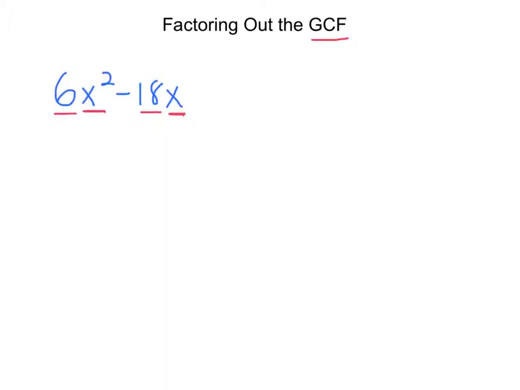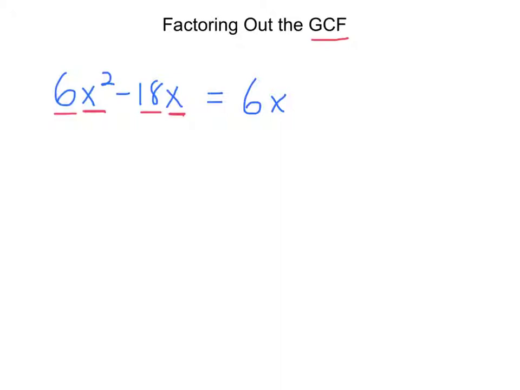But since you can only take what's in common, you can only use the x as the common factor, because really in this first term you have an x times another x, and in the second term you just have an x. And so both of them have an x in common. So the common factor would be 6x.